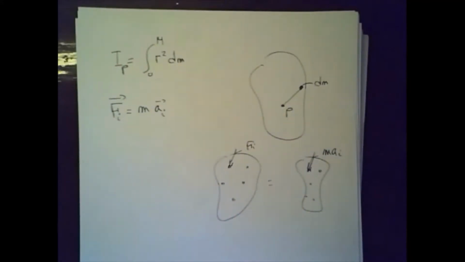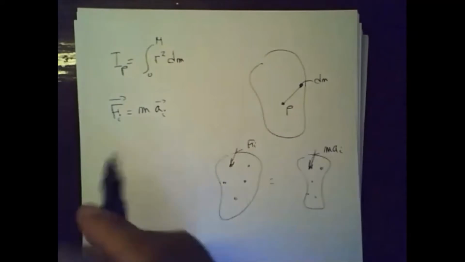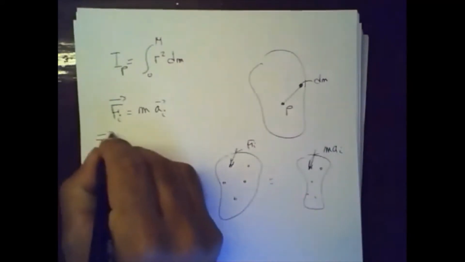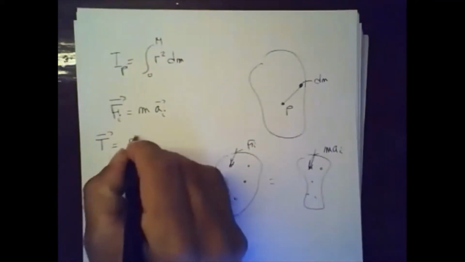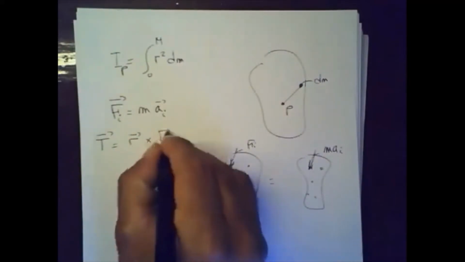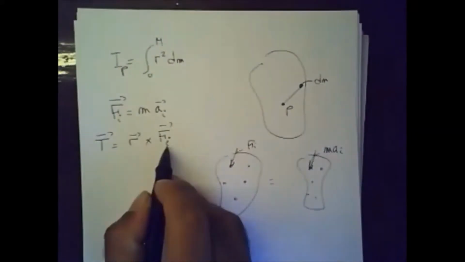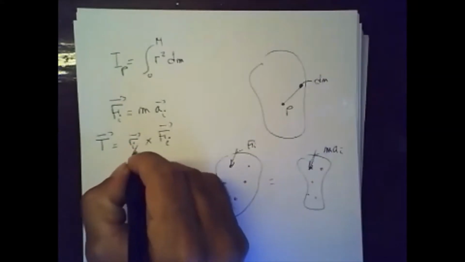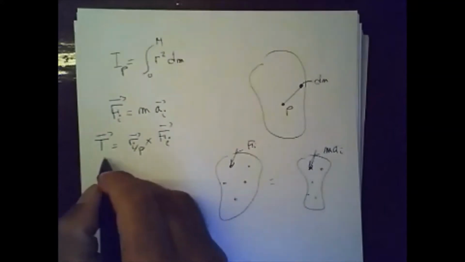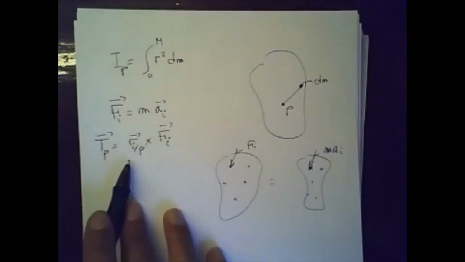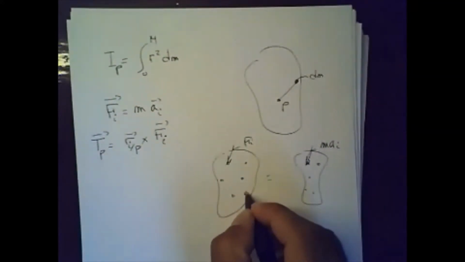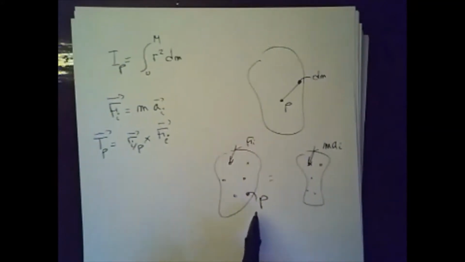Now, if I introduce the concept of torque, just like I mentioned last time, torque is equal to R cross F. But this torque is about a point or an axis. So if I'm looking at the moment of the force Fi, I use Ri with respect to some point P. This is the torque of this force about point P, and point P could be anywhere on this rigid body.